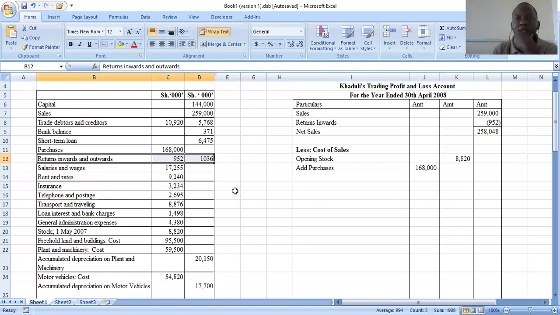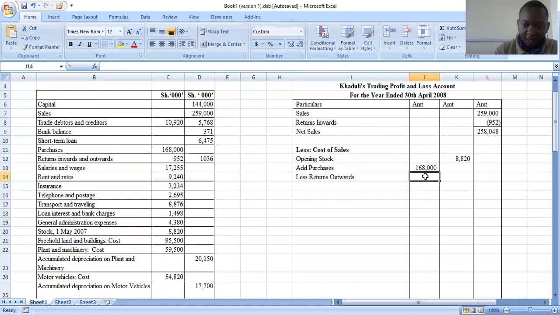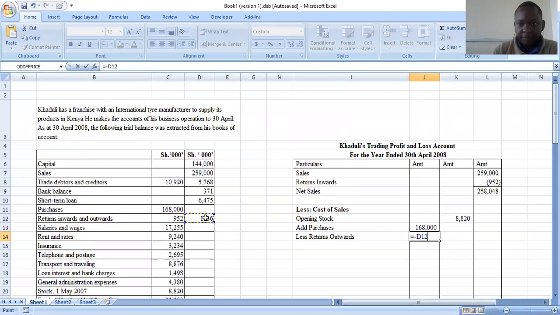We're supposed to deduct returns outwards from purchases. So how much is our returns outwards? 1036. We deduct that from purchases, that is 1036.